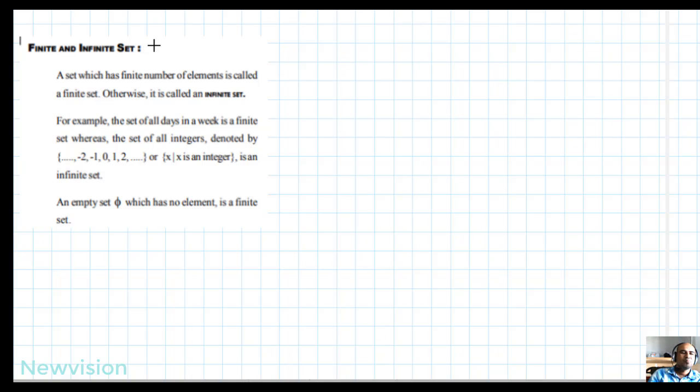Next, important: finite sets and infinite sets. I will explain. Finite set: a set containing a finite number of elements. If a set is given, I want to count how many elements are in that set.